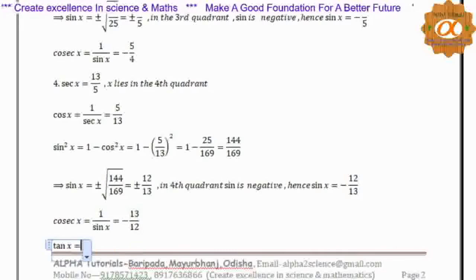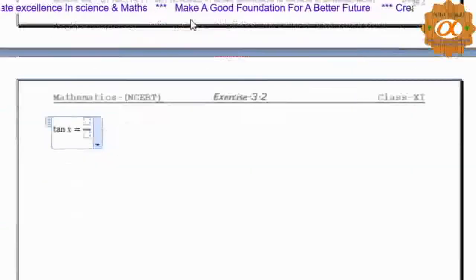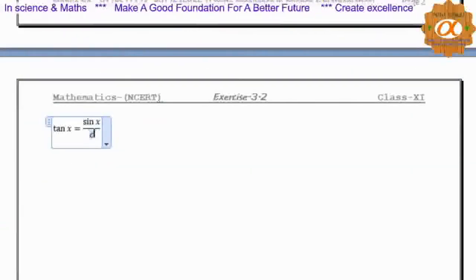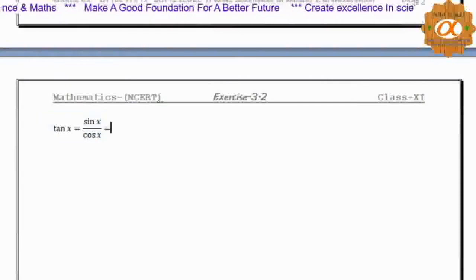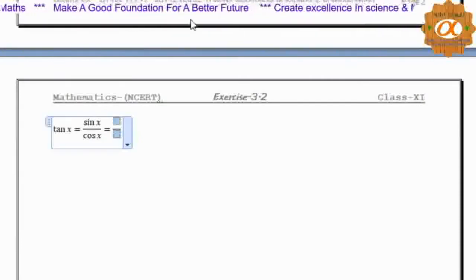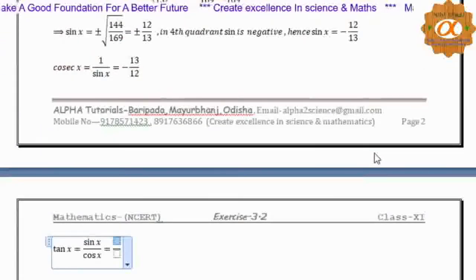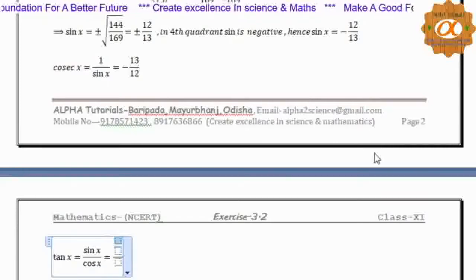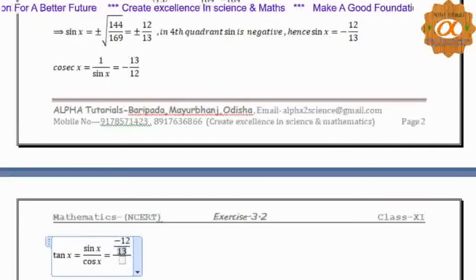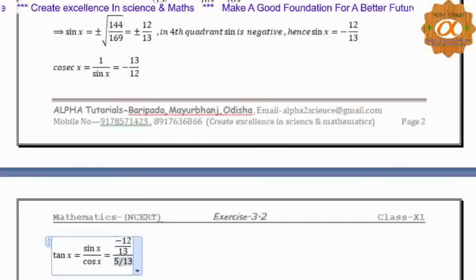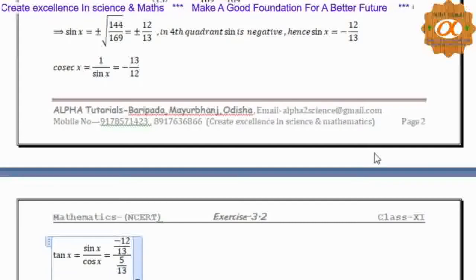Tan x is equal to sin x by cos x. And the value of sin x comes out to minus 12 by 13. So it can be written as minus 12 by 13, and the value of cos x is 5 by 13. 13 cancels out.